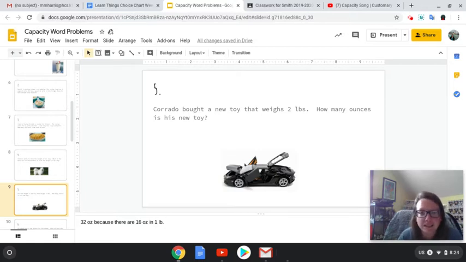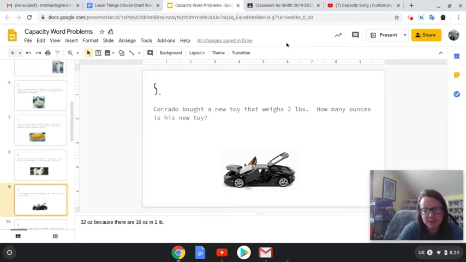You are correct. So if 16 ounces equals 1 pound, what would that toy weigh if it weighs 2 pounds? 16 plus 16 would equal 32. Great job. So Corrado's new toy would weigh 32 ounces because there are 16 ounces in 1 pound.